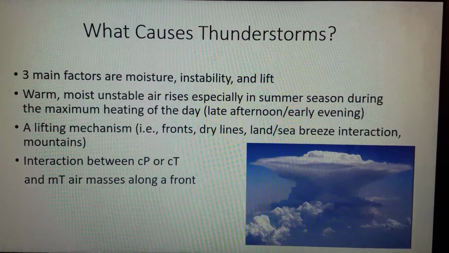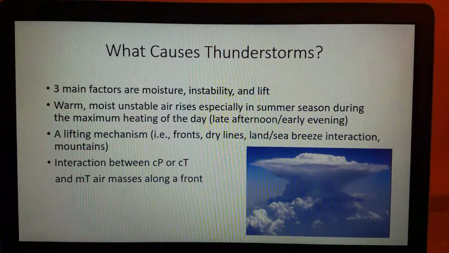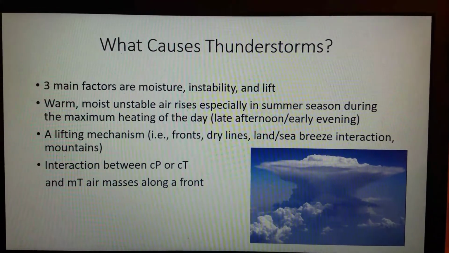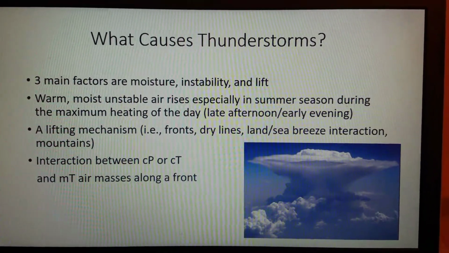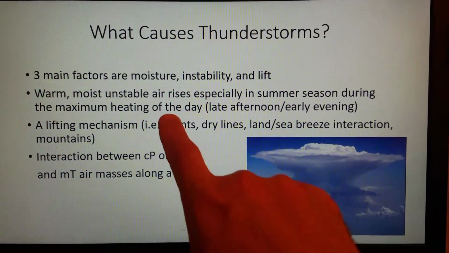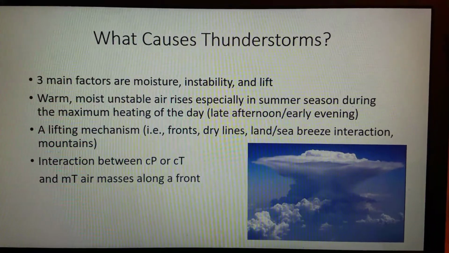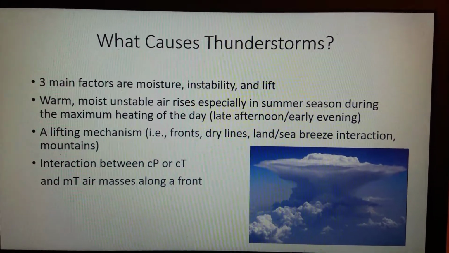With warm, moist, unstable air, as it rises, quite often in the summer season, that usually happens during the maximum heating time of the day, usually late afternoon or early evening. A lifting mechanism is needed, such as a front, a dry line, land-sea breeze interaction if you're along a coastline, and mountainous terrain.